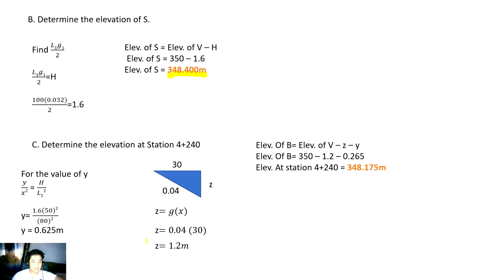So, ang magiging z natin is 1.2 meters. So, ngayon, para makuha natin yung elevation at station 4 plus 240, we're just going to minus elevation of V minus Z minus Y. So, 350 minus 1.2 minus 0.625.